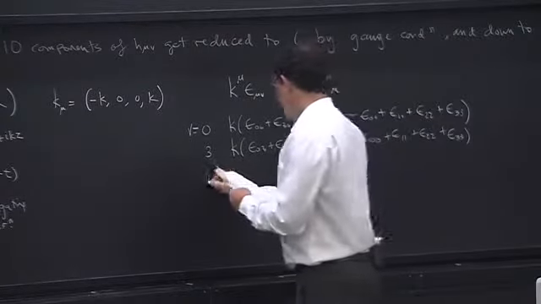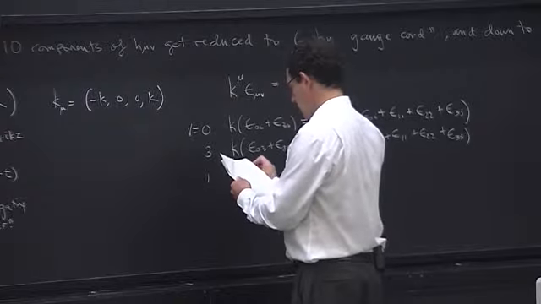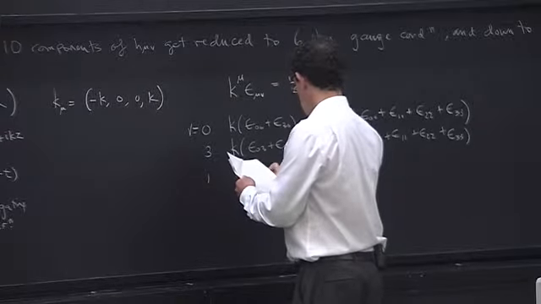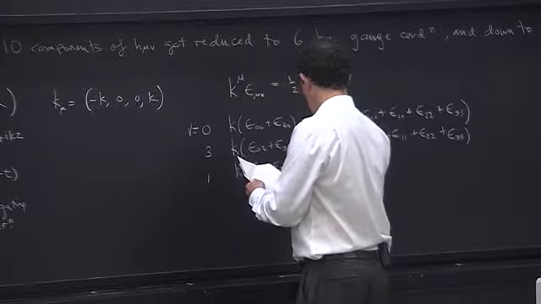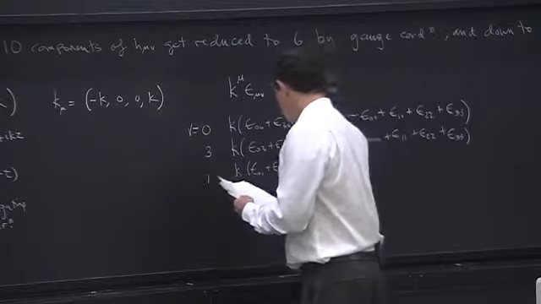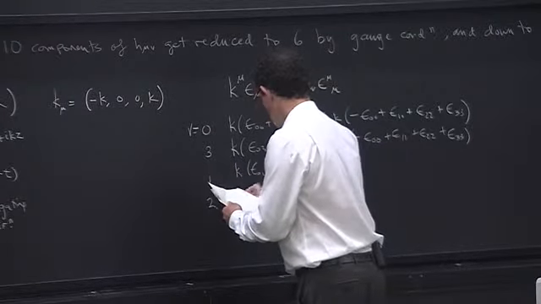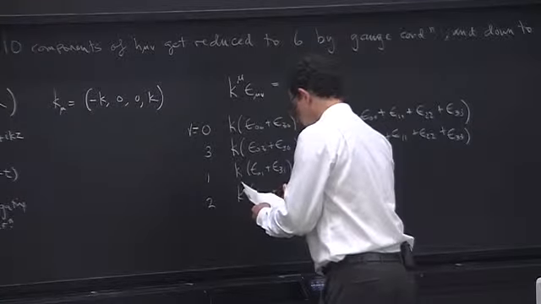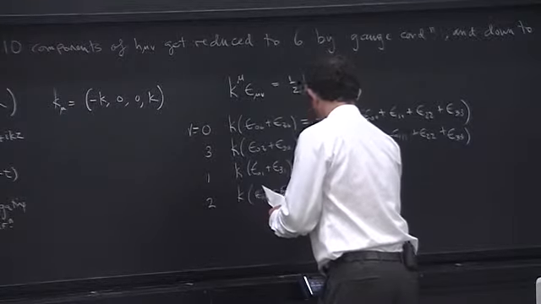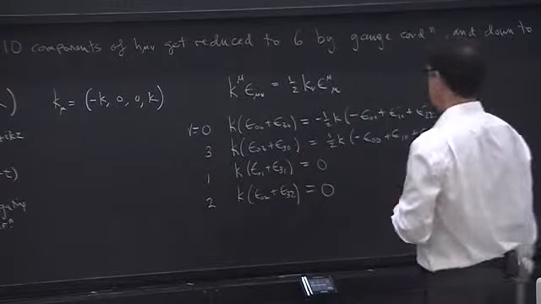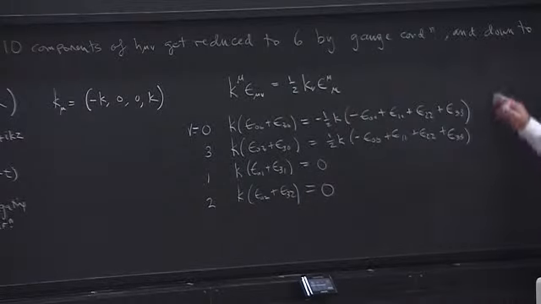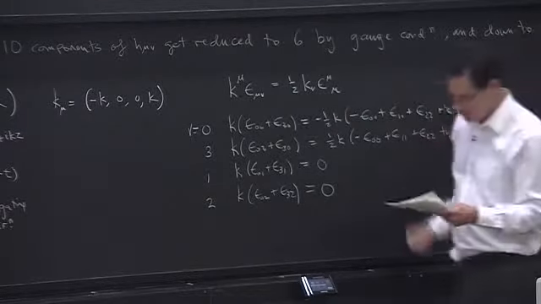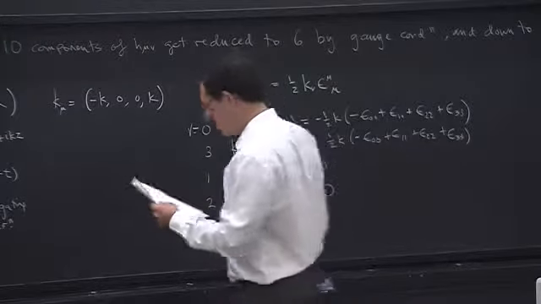And then k times (epsilon 0,1 plus epsilon 3,1) equals 0, and k times (epsilon 0,2 plus epsilon 3,2) equals 0. So these are my 4 equations for the 10 components of epsilon.